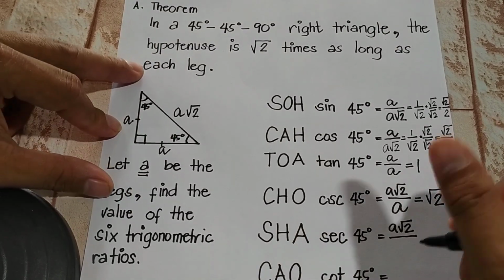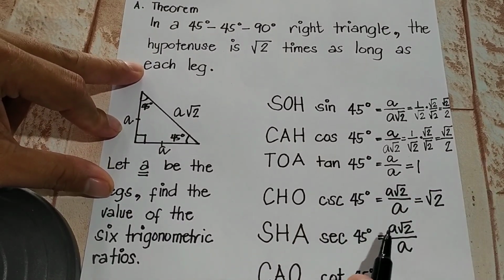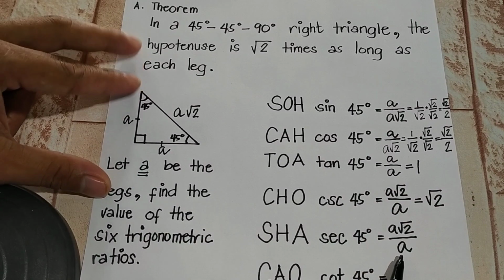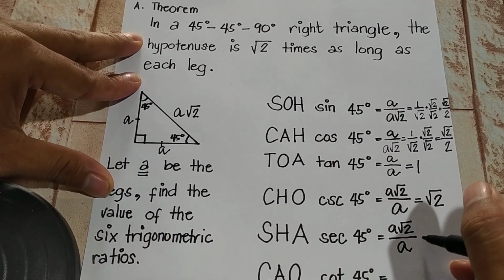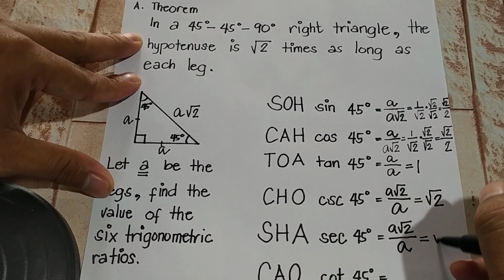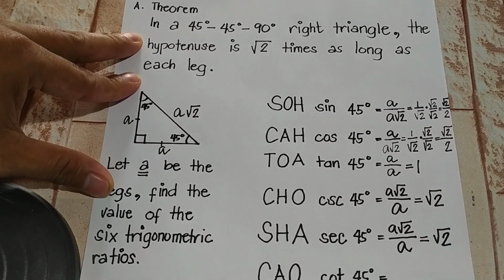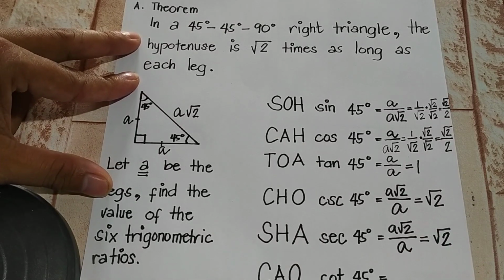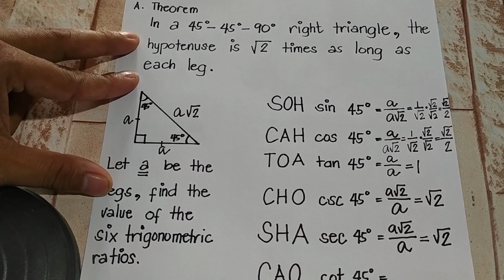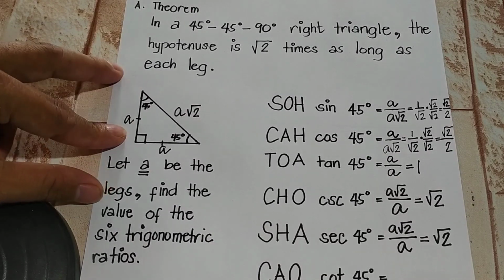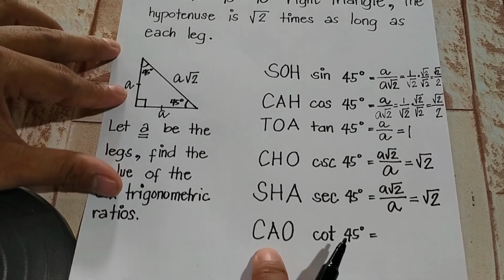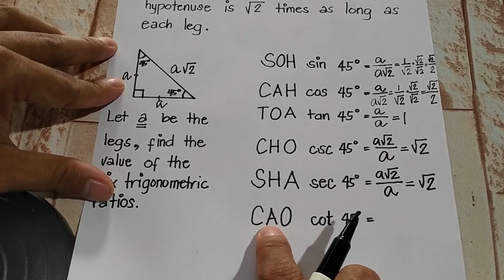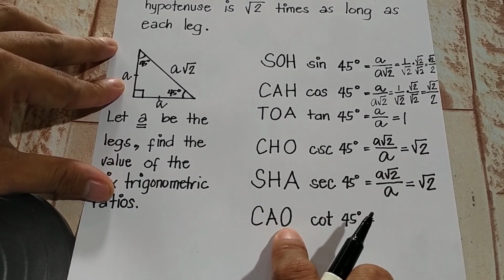So here, that's A. Same thing, A square root of 2 divided by A, that becomes 1. So what is left is square root of 2. Is that clear? Now, how about the cotangent 45? Cotangent 45 is adjacent over opposite.